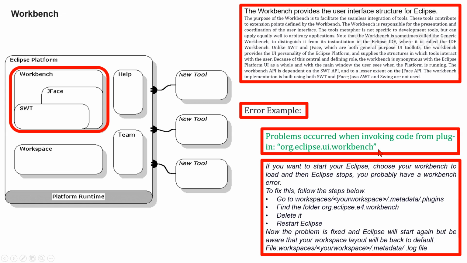Go to workspaces, then your workspace, then .metadata, then .plugins. Find the folder org.eclipse.e4.workbench, delete it, and restart Eclipse. Now the problem is fixed and Eclipse will start again, but be aware that your workspace layout will be back to default.